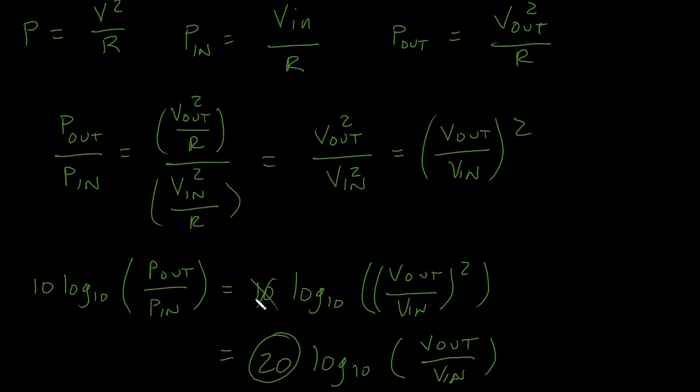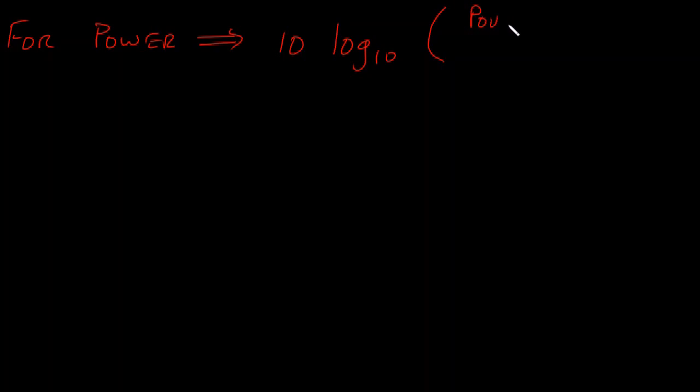Okay? So to recap, for power ratios, we use 10 times the log base 10 of P out over P in.